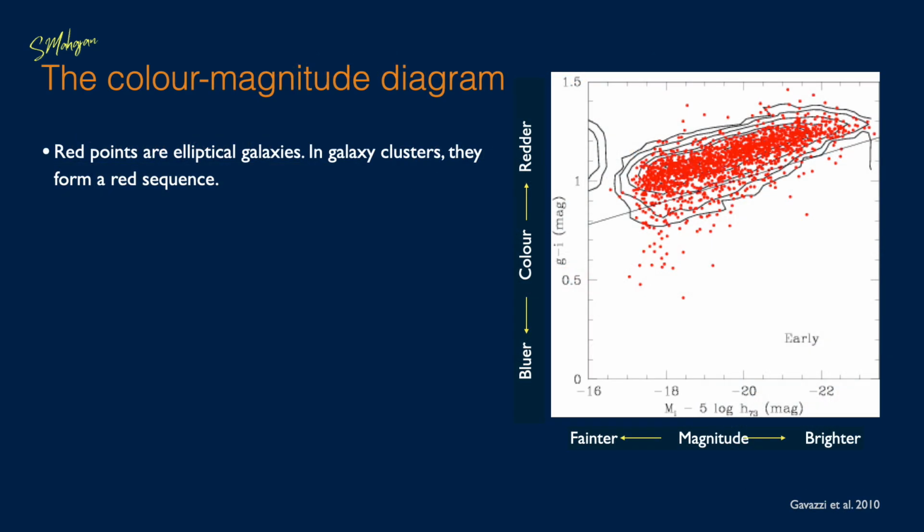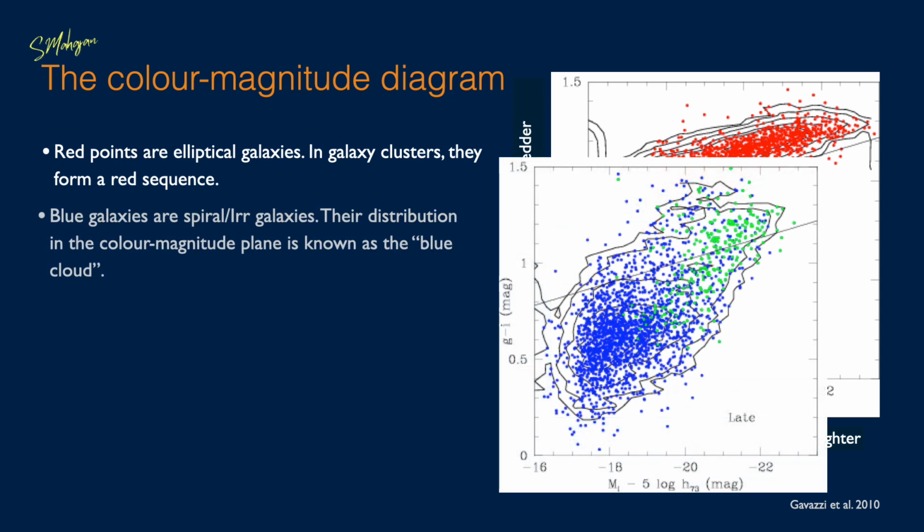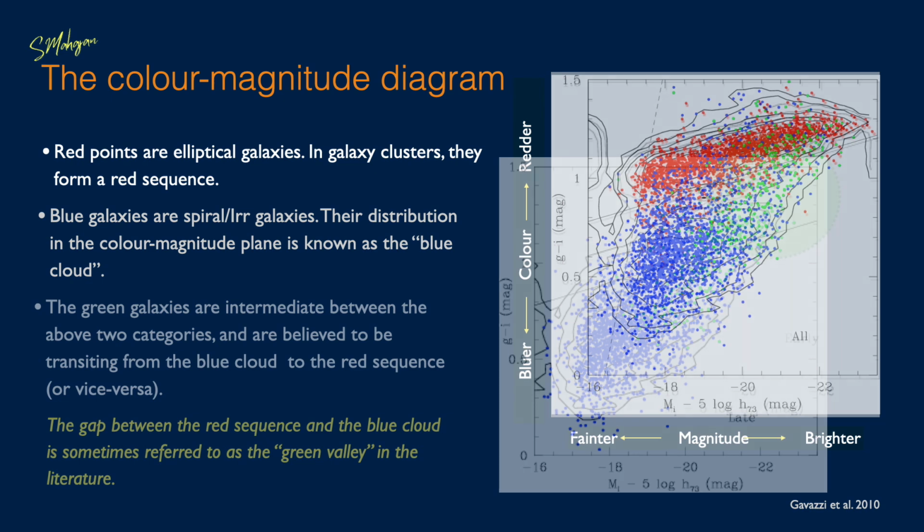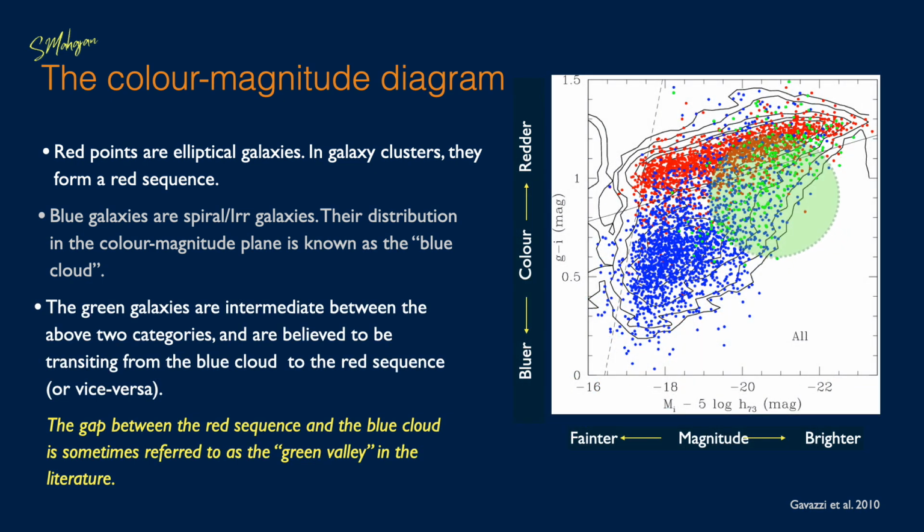In the color-magnitude diagram of galaxy clusters, the elliptical galaxies form a red sequence. The blue spirals and irregular galaxies, on the other hand, have higher scatter in their distribution and are therefore called the blue cloud. The population of galaxies in between these two regions is often called the green valley, comprising galaxies transiting from one distribution to the other.